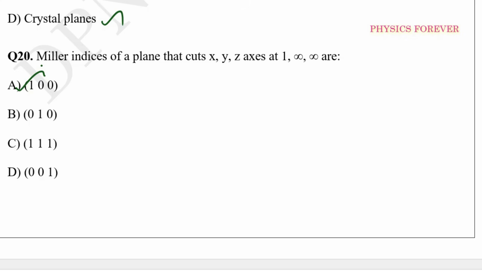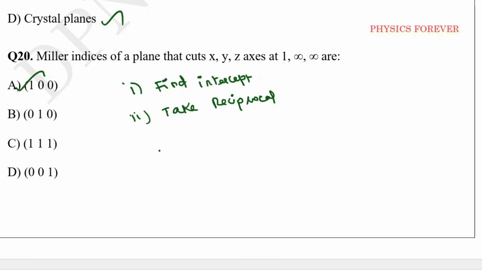So how to find out the Miller indices? First we have to find intercept, then second take reciprocal, then LCM.